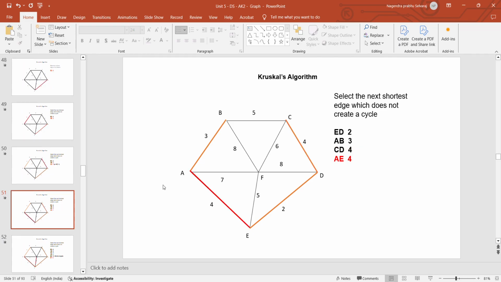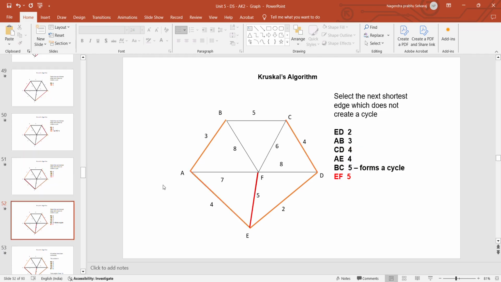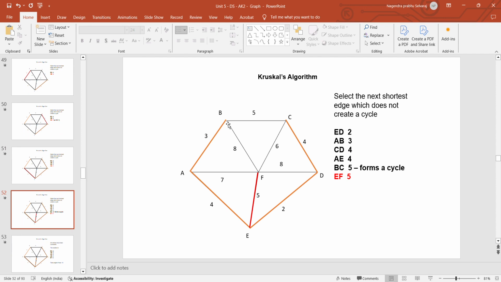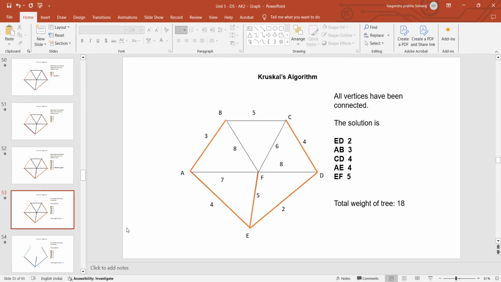Next is AE. If you put BC next, it will form a cycle, so you need to remove that, and the next one is EF. You can stop the problem here, because you connected all the vertices A, B, C, D, E, F. Now calculate the total distance: 3 plus 4 plus 2 plus 4 plus 5. Total is 18. So this is the problem for Kruskal's algorithm.